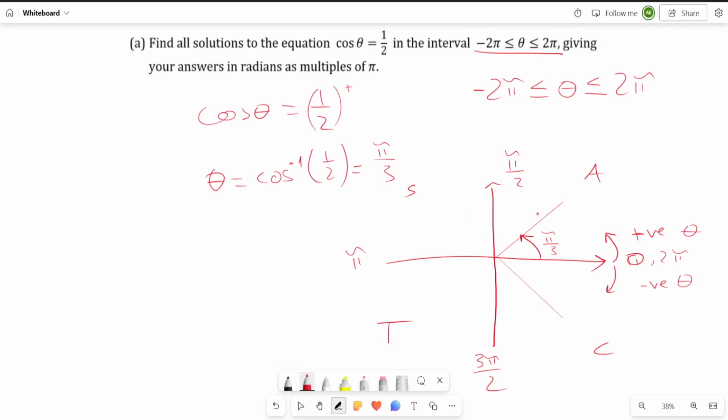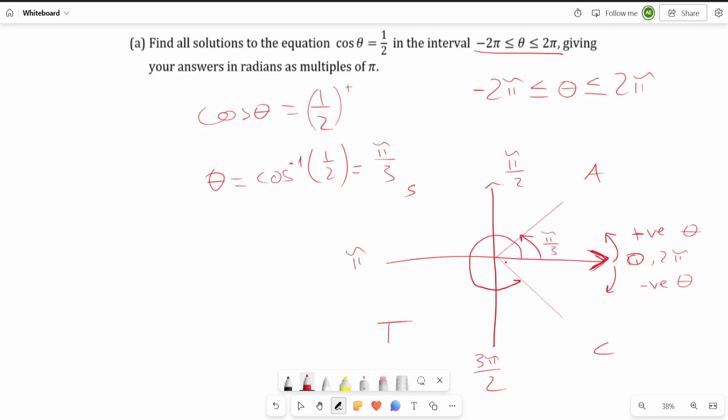In order to get the other solutions, I will need to always start from this x-axis direction and move until I hit my lines. Okay, so the first answer when I hit this line, so let me continue until I hit my second line. So this is the second answer. So this is my angle that will give me a value of half.